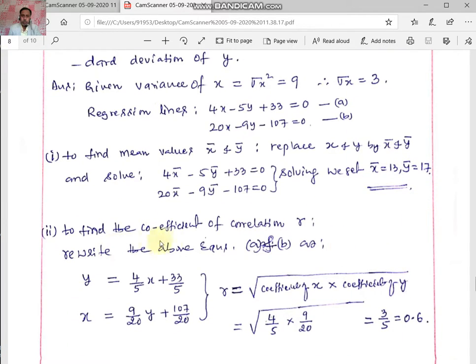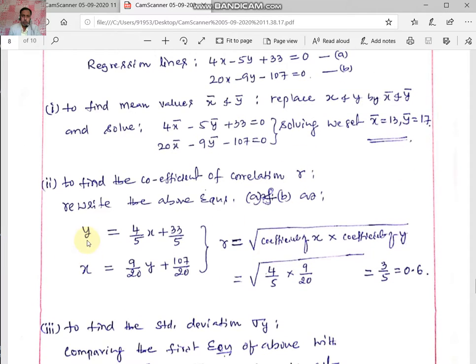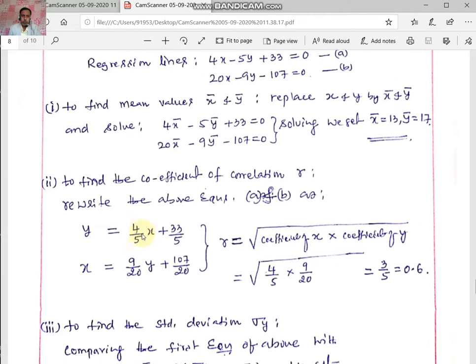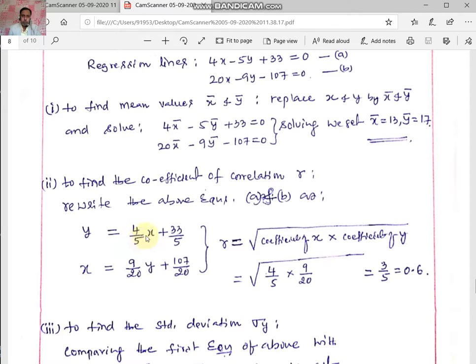Now, to find the coefficient of correlation R, rewrite the above equations. That is, lines of regression A and B are rewritten. The first equation, 4x minus 5y plus 33 is equal to 0, is written as y is equal to 4 by 5 x plus 33 by 5.